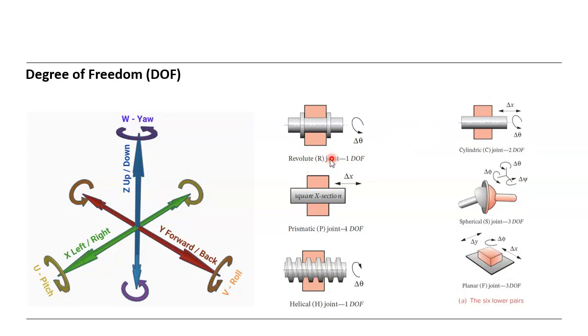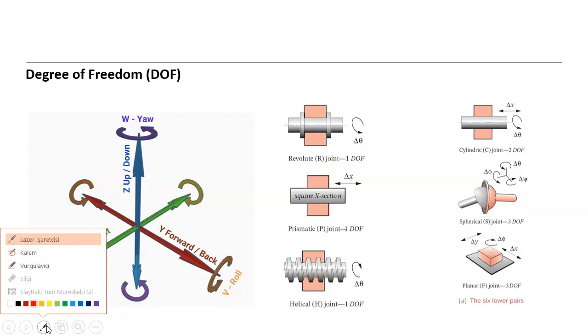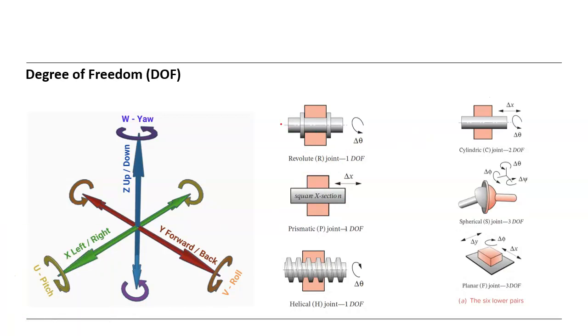In a revolute joint there is only one rotation, around this axis, delta theta. This is the rotation, and therefore we call it a revolute joint.